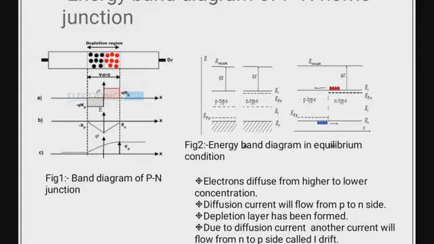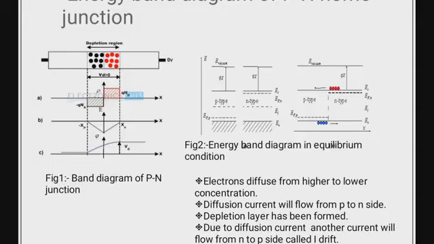Now the second diagram, the B diagram. We have seen that the electric field is basically the integration of rho of x dx upon epsilon.